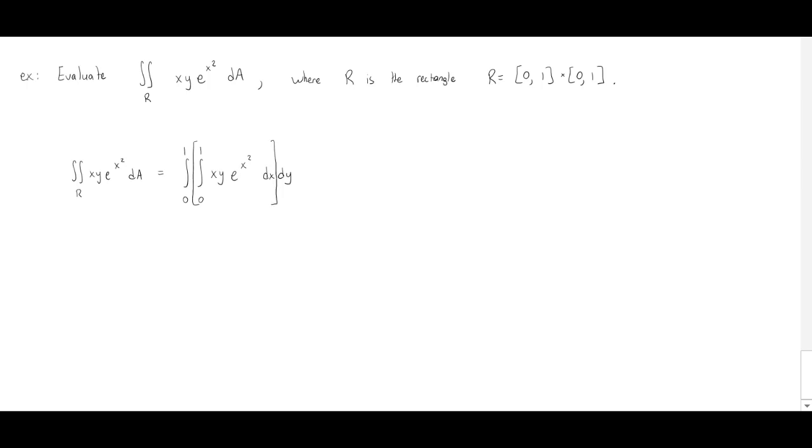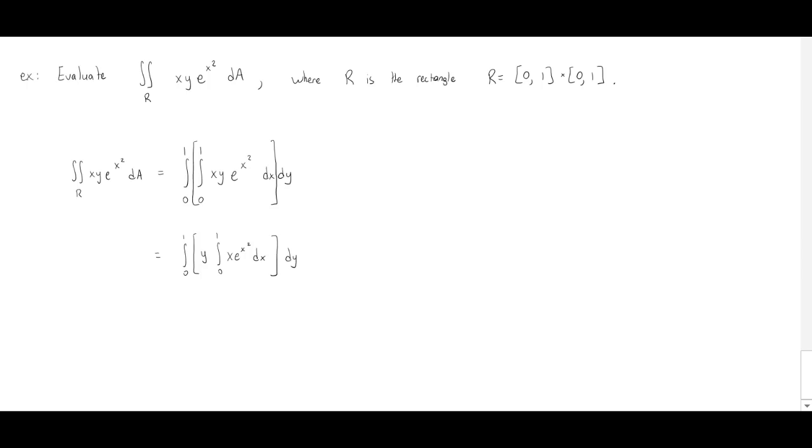So y is being treated as a constant. Let's actually pull the y outside the integral. I just want to focus on that integral there with respect to x, all right?